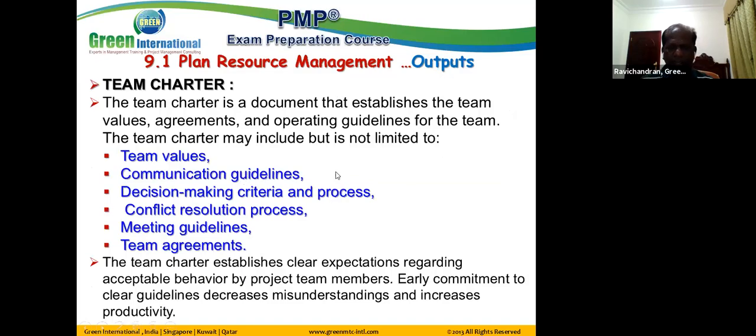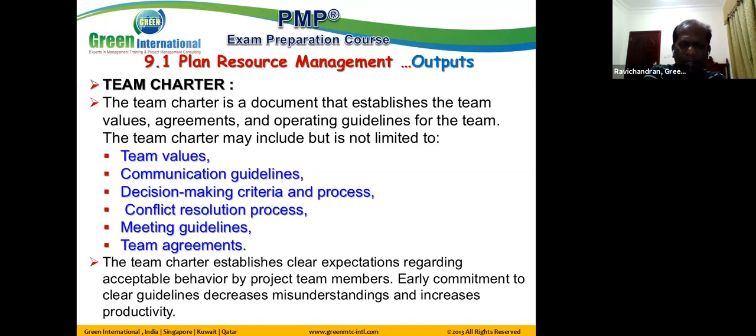Then the team charter. When I say team charter, it is a document which establishes the team values, agreements, and operating guidelines for the entire team, which includes team values, communication guidelines, decision-making criteria and process, conflict resolution process, meeting guidelines, and team agreements.